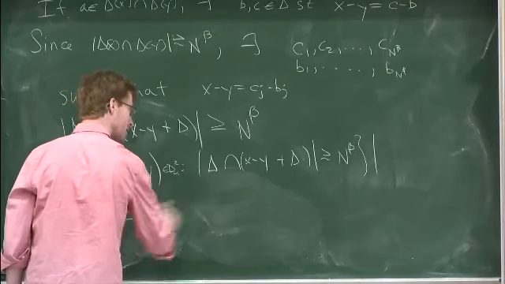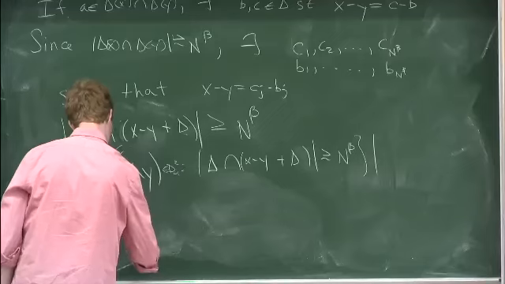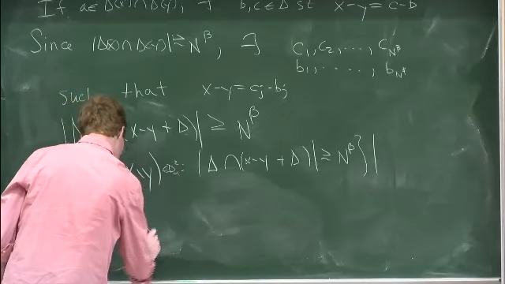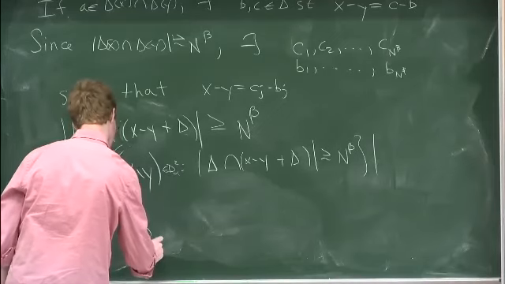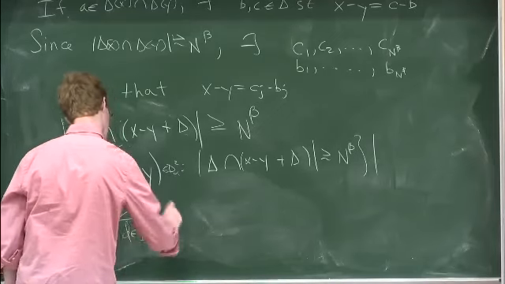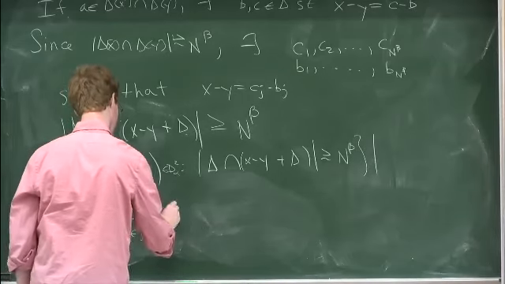Summing over all elements in n to the beta, in a different set, which is now a new one.